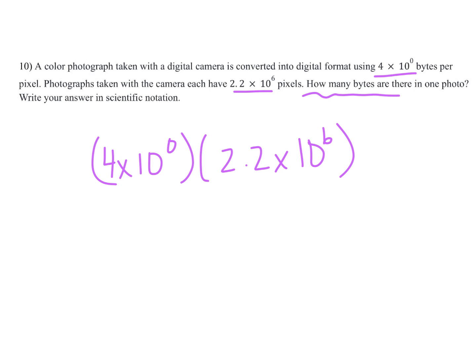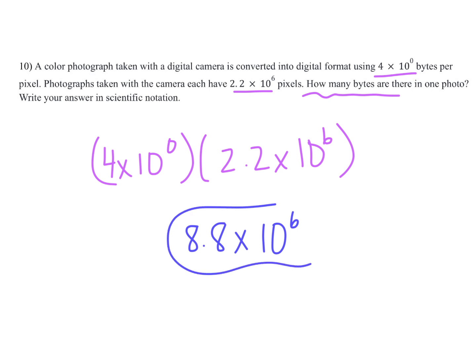And again, use your scientific notation button if you're comfortable with that. And we get 8.8 times 10 to the 6th power. We could have also done our shortcut where we multiply the coefficients and add the exponents, and you can see that would be the same answer.